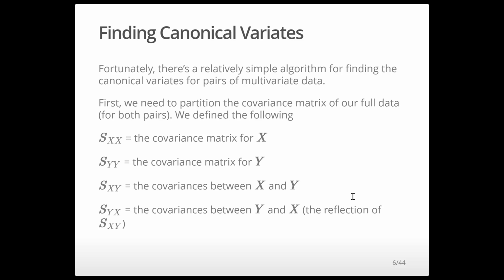Then we're also going to get SXY, which is the covariances between x and y. So this is the sort of like off diagonal part. This won't have any of the variances. It'll just be the covariances between all the variables in x and the variables in y. And then SYX, which is the reflection of that. So SYX is the same thing as SXY, just reflected over the diagonal.